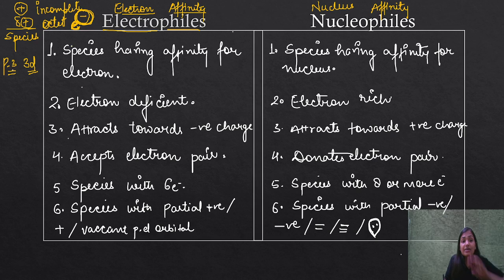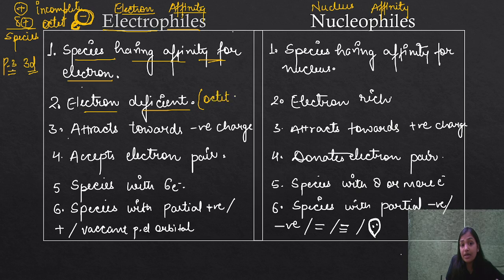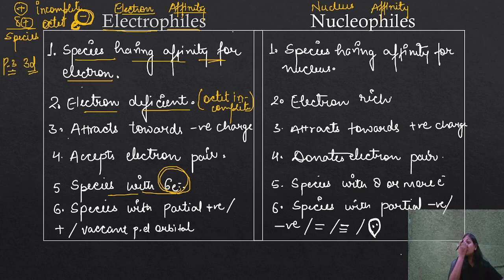So I could say that species having affinity for electron, they must be electron deficient. Electron deficient means their octet is incomplete. Usually when their octet is incomplete, they are having 6 electrons, and species with 6 electrons are said to be electrophiles.